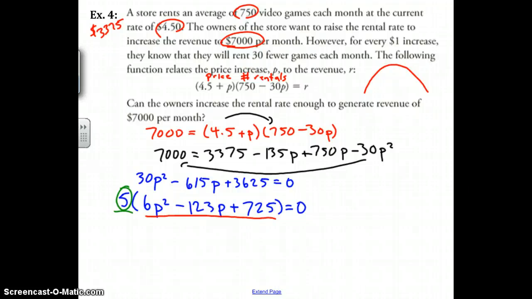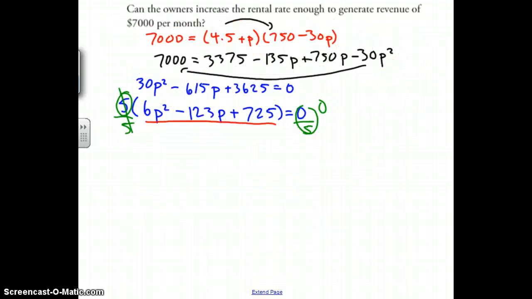We can divide by 5 on both sides. On this side the 5 and the 5 cancel. On the other side, it's 0 divided by 5, so this is just a 0. So you can essentially get rid of the 5. You can only do that though when it equals 0.